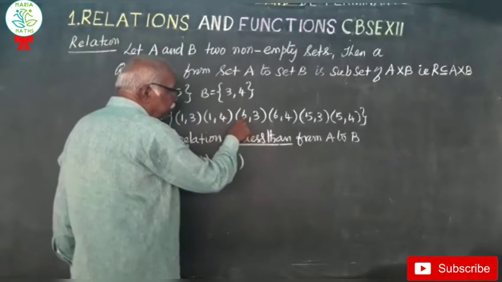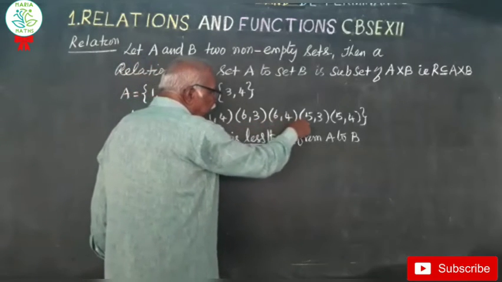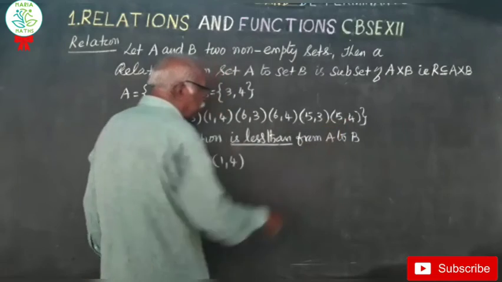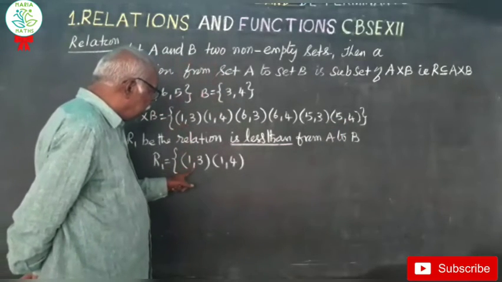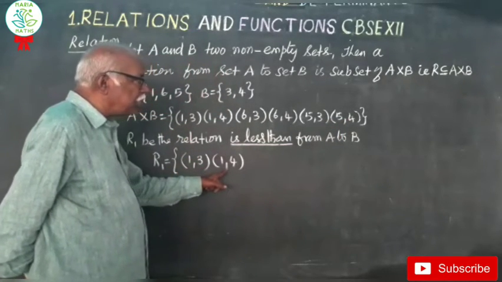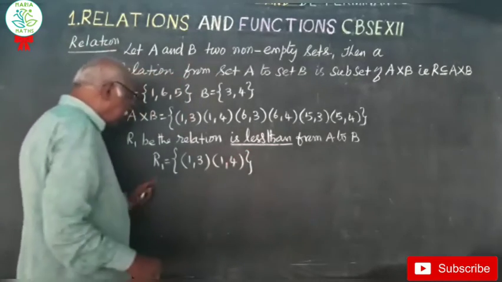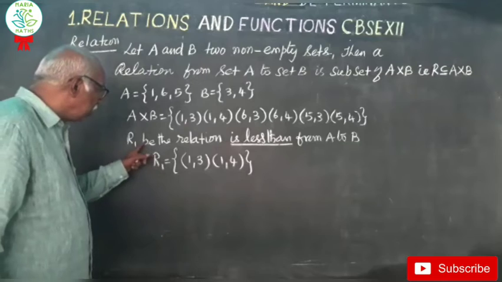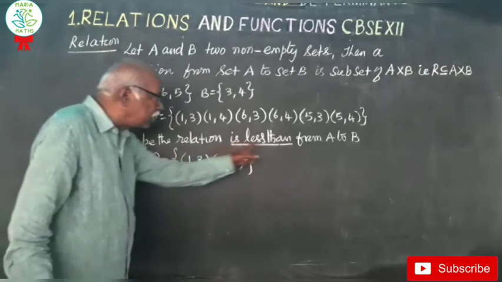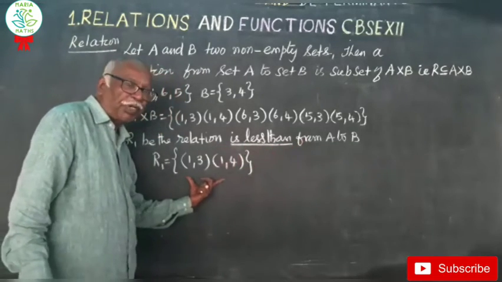Then 6 is greater than 3, so this one does not come, and all the others will not come. (1, 3) and (1, 4) is the relation. R1, the relation is less than from A to B, is only these two ordered pairs.